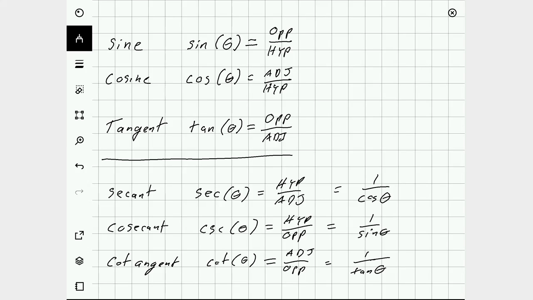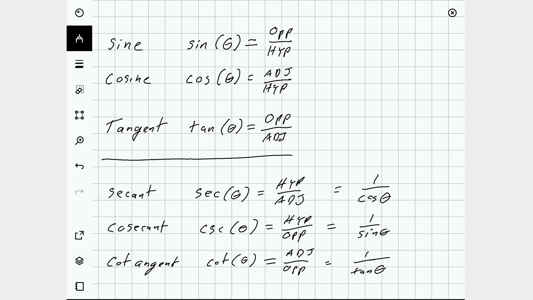Since then, the idea of vector analysis became incredibly important in physics and engineering, and cosine is far more important there, which is why cosine made the top list of the things that we are going to be studying. You'll also notice if you look at your calculator that your calculator has buttons for sine, cosine, and tangent. It almost certainly does not have buttons for secant, cosecant, or cotangent.